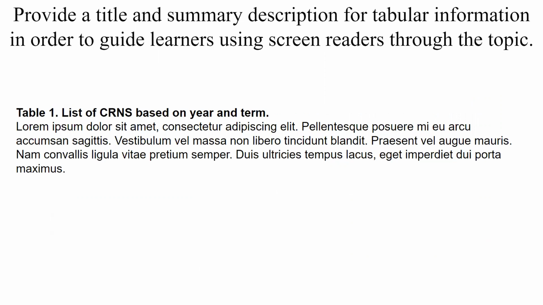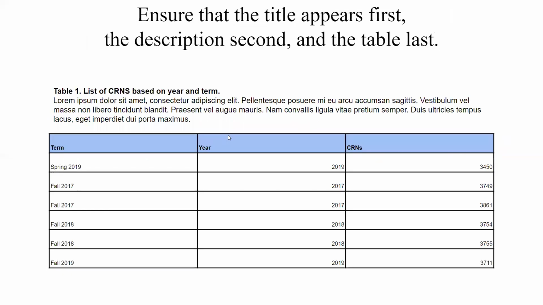Once again, it's useful for everyone. Having a description of the table can add clarity even for somebody who can see the table and doesn't have a disability, but it's very useful for somebody with a screen reader. And the order is the title, the description, then the table.